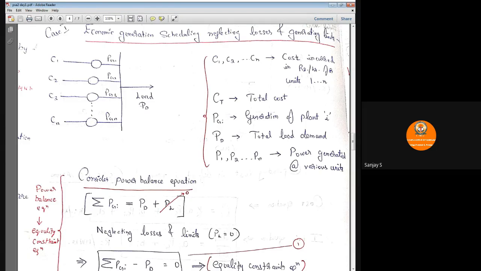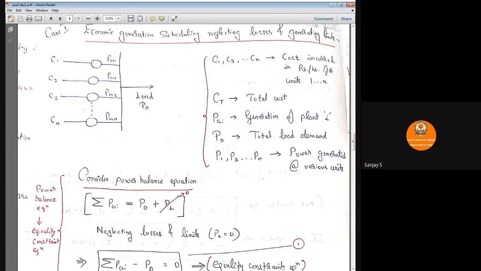Okay, fine. Then in the last class, we started with the idealized case derivation, which was economic generation scheduling, neglecting losses and generation limits. Initially, we represented the power plants.